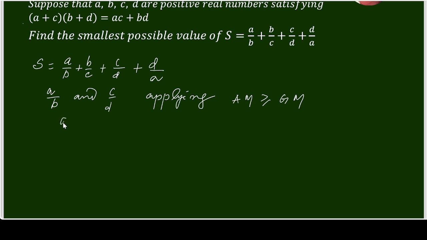Here I'll get A over B plus C over D is greater than or equal to 2 times the square root of AC over BD.